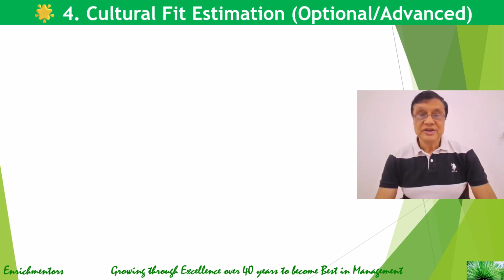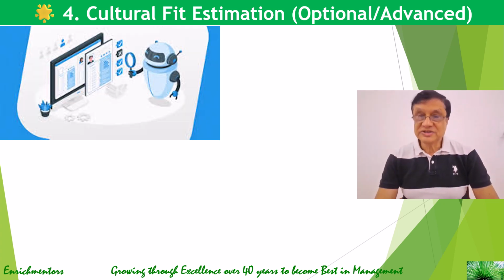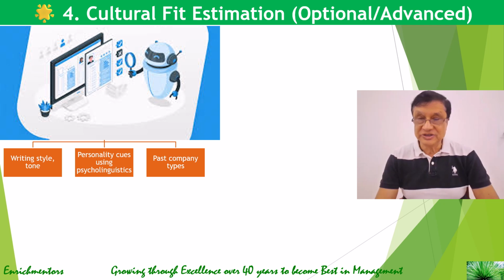Then it also does cultural fit estimation. Some platforms analyze writing style and tone in resumes and cover letters, and personality cues using psycholinguistics, for example the Big Five personality traits from language. It also looks at past company types, for example startups versus corporates, to infer adaptability or value alignment.